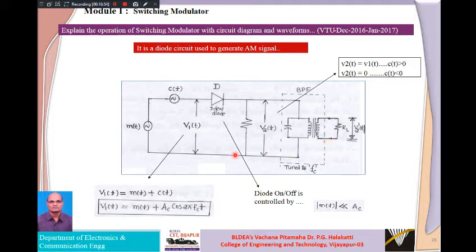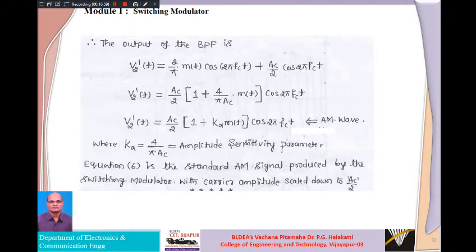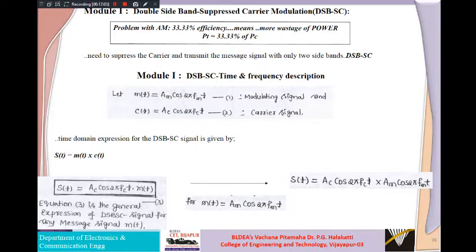Okay, in a similar manner here we are going to multiply both the signals, the modulating signal and the carrier signal. Means we are trying to get the product of these two. That is also known as a product modulator. There it is called the switching modulator for AM generation, but for this DSB-SC generation it is called the product modulator.